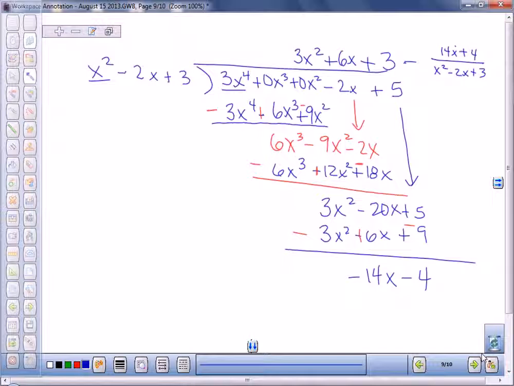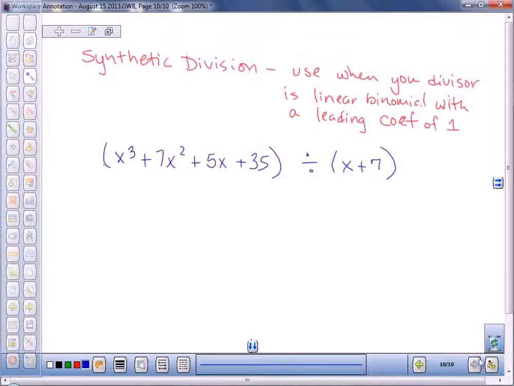And we're only going to use it if it's a linear binomial with a coefficient of 1. So in very specific cases will we use it. But it's a nice shortcut. I like it. Okay, so now we're going to do synthetic division. We use it when your divisor is a linear binomial with a leading coefficient of 1. It is very specific.